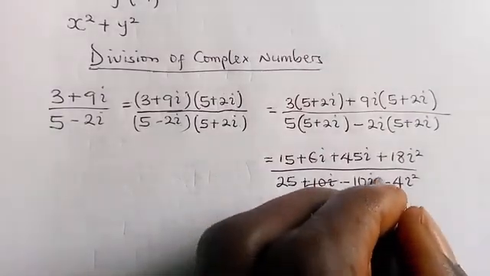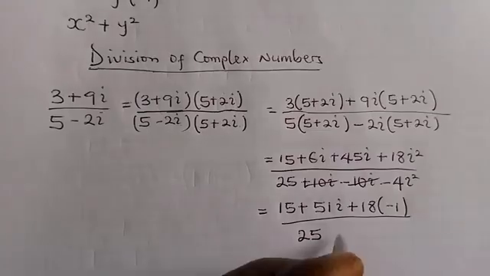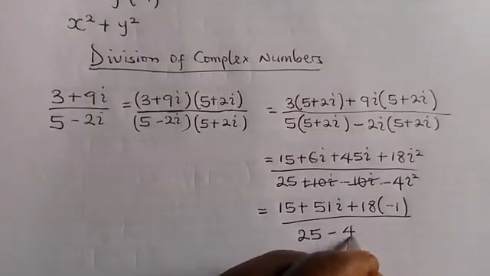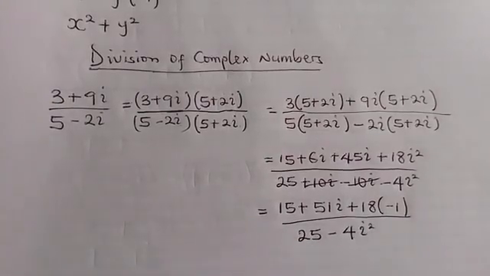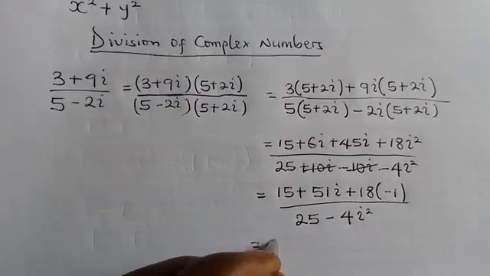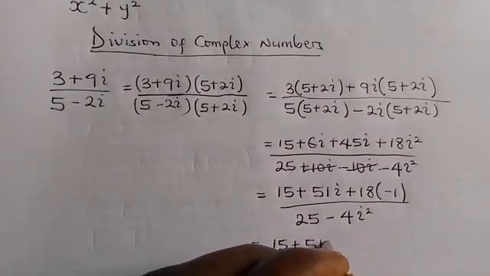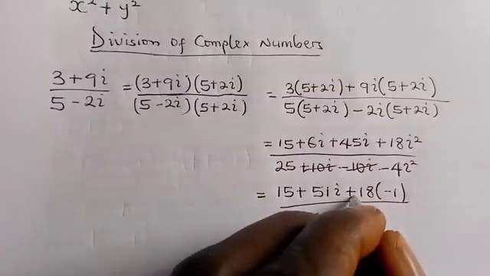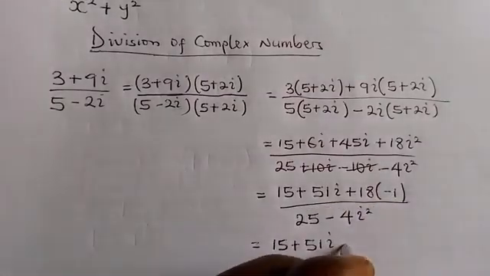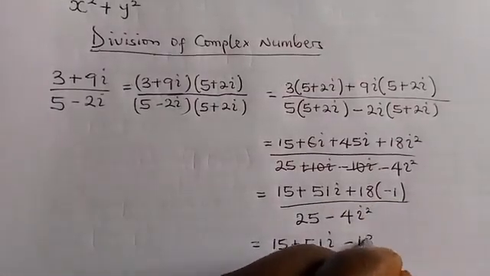Positive 10i will go with negative 10i, and you are left with minus 4i squared. And this is equal to 15 plus 51i, plus 18 times minus 1 will give us minus 18.